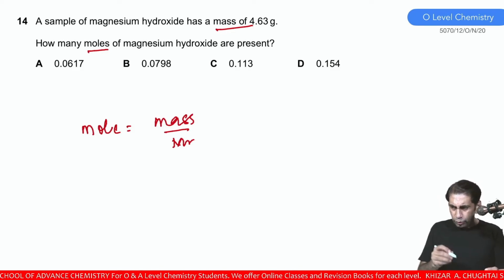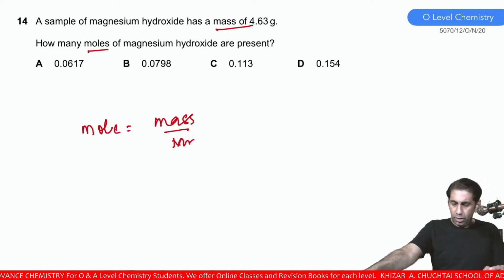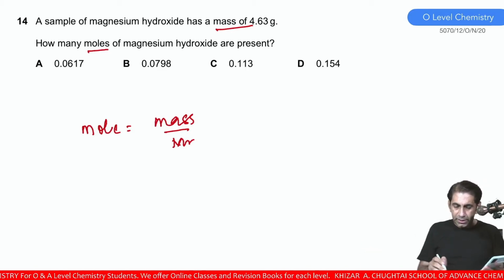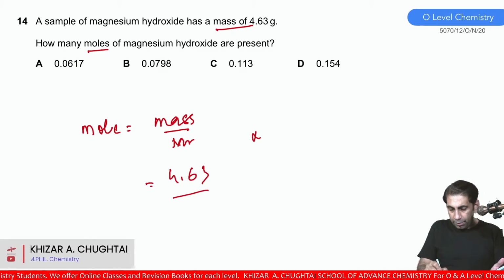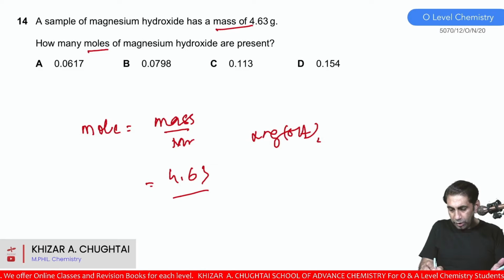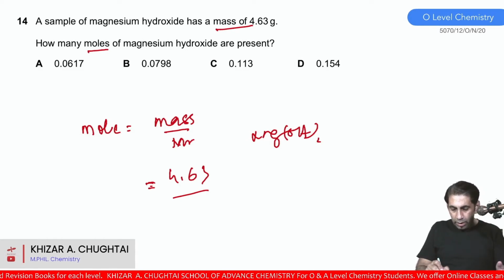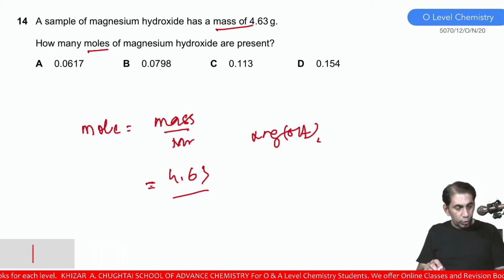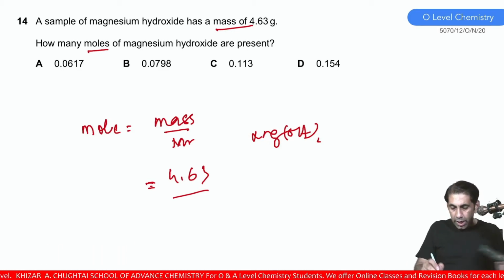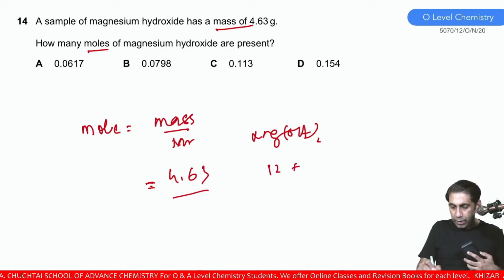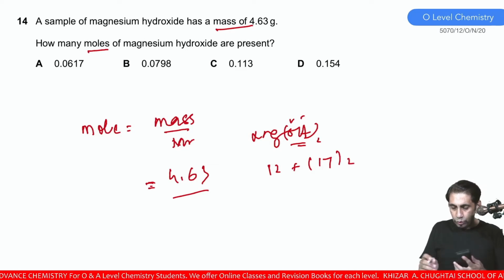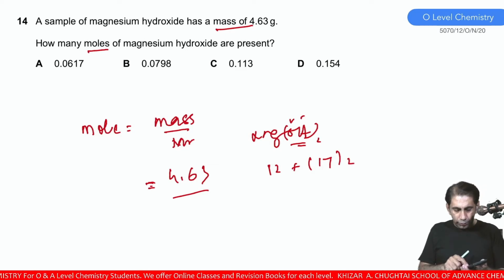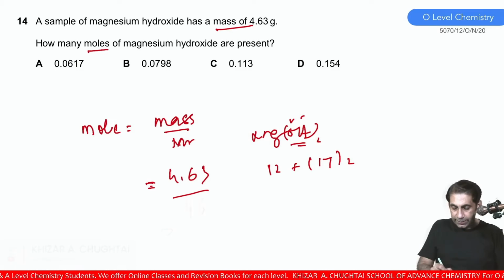I'm going to write it over here. The mass is 4.63. What is the Mr? Mr of Mg(OH)2. Mg is 12 plus OH is 17, 16 plus 1, 17 times 2 is 34. So 34 plus 12 is 46.